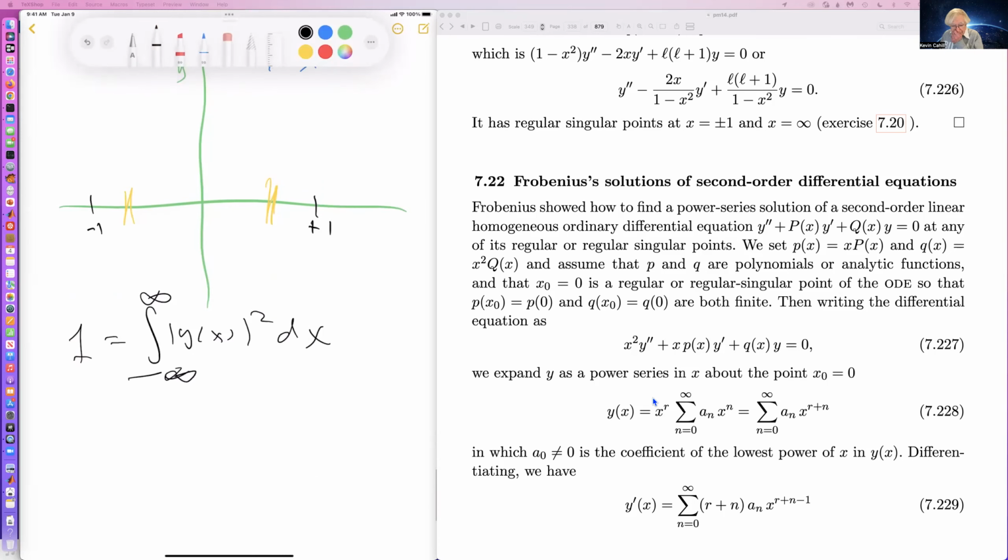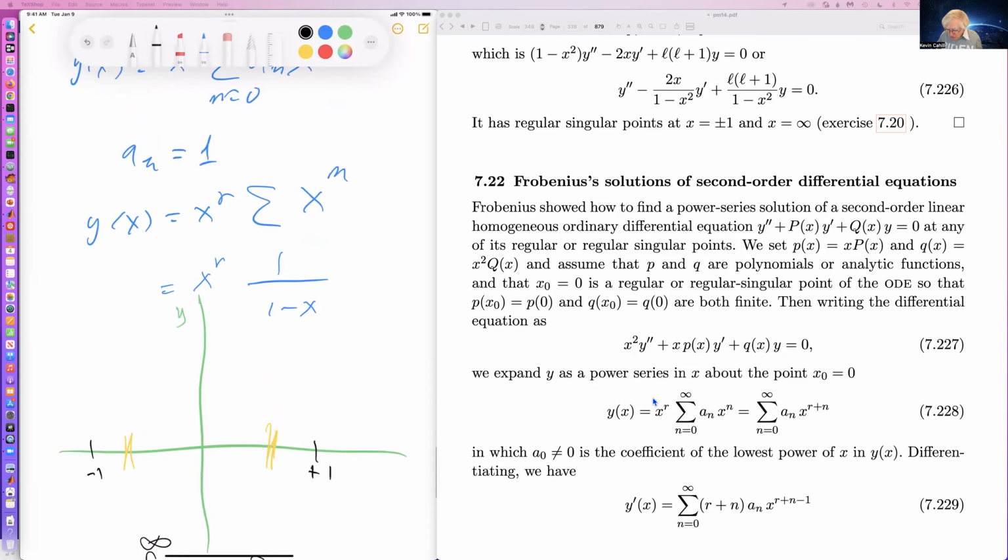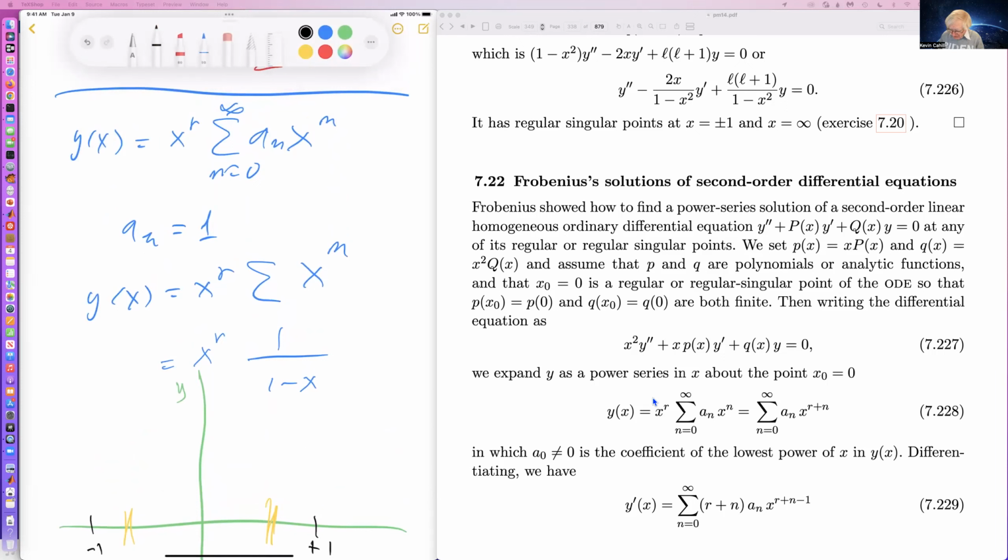So what does that tell you? That tells you that the series has to terminate.